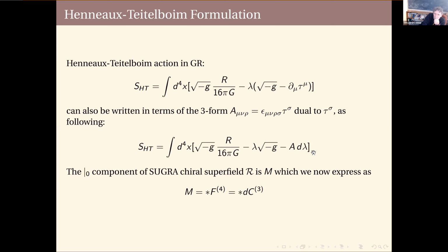Okay. No, the star where you get the tree form should involve the square root of the determinant of the metric. Tau mu is a tensor density, a vector density.